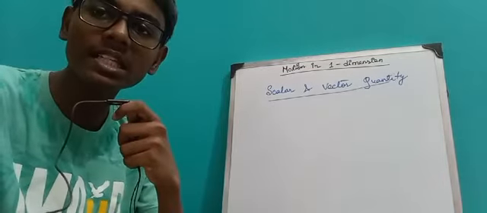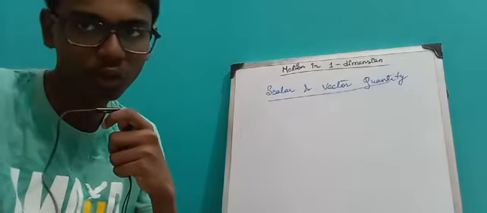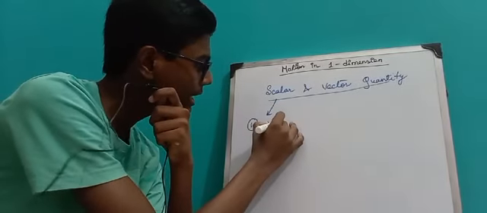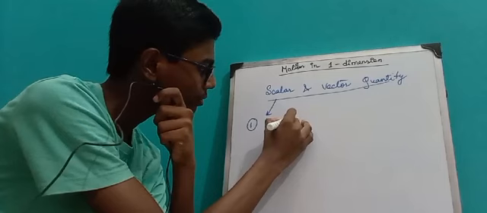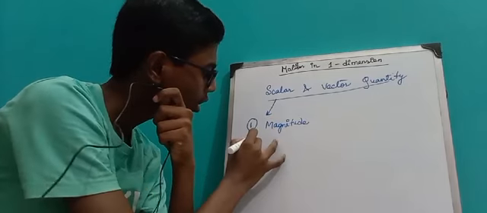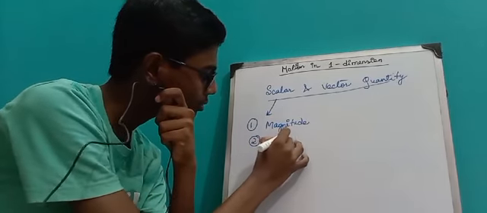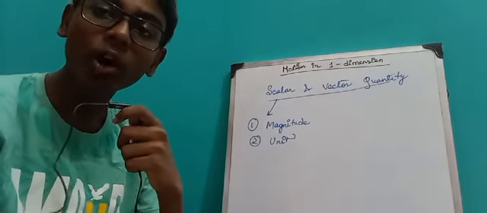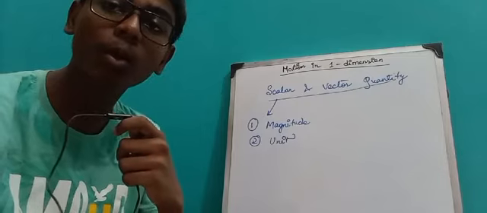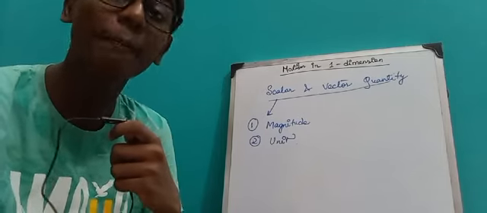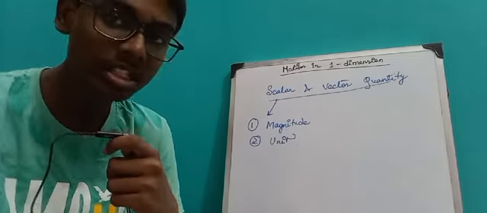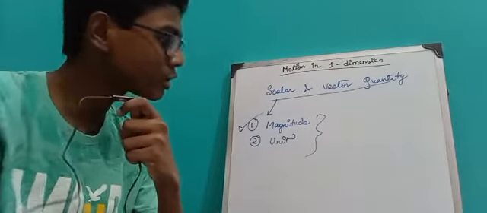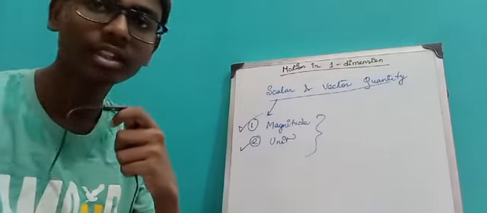If we want to represent any kind of a value, then for a scalar, what do we need? We need the magnitude, we need the unit. In order to represent a scalar quantity, we need these two parameters: magnitude and unit.